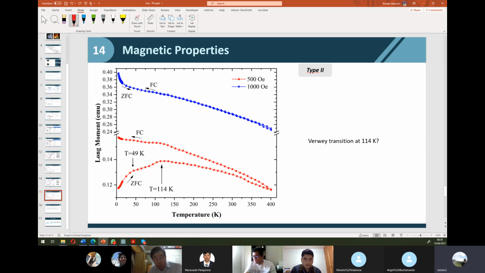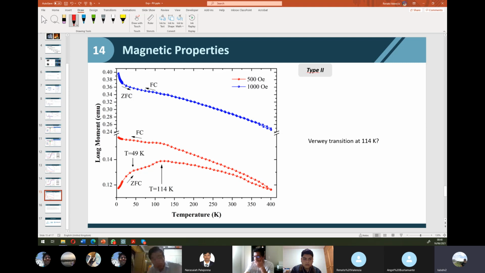What is the Verwey temperature? The Verwey temperature is the transition temperature of magnetite. Magnetite has a transition around that temperature. Its magnetic structure changes. If that appears in the loop, it means that the sample has magnetite. So even if it is in low amount, it has magnetite.